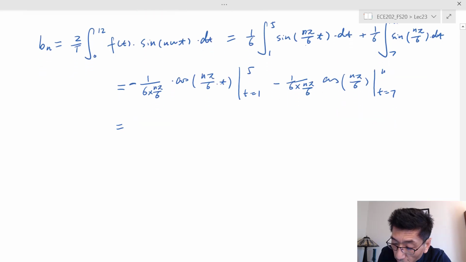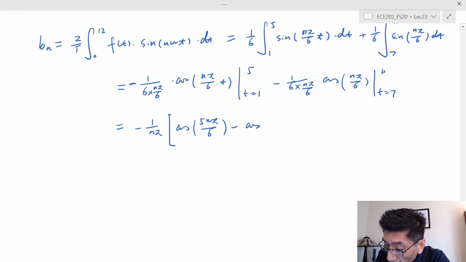And so the first one here, I got negative 1 over n pi. And inside this, the evaluation here, I have cosine 5 n pi over 6 minus cosine n pi over 6, because I replace t by 5, and now I replace t by 1.